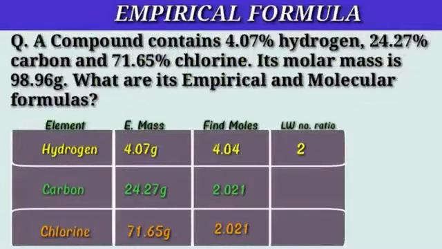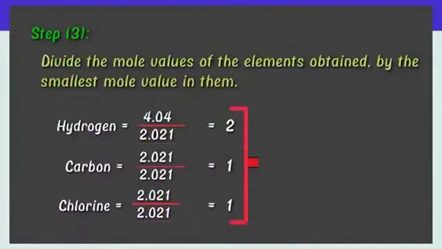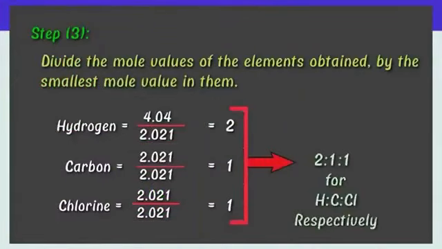So that means we can now get our empirical formula. We shall use this ratio, so H is going to have 2, carbon is going to have 1, and chlorine is also going to have 1. So which means we can write the empirical formula in the last step, step 4.